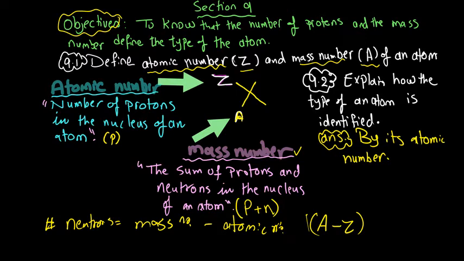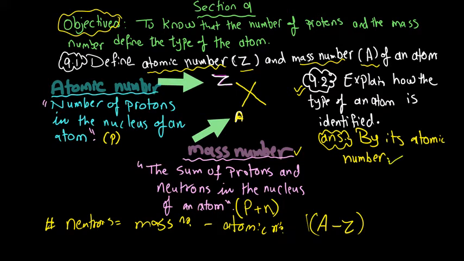Sometimes the number of neutrons equals the number of protons, and sometimes it's higher. You are going to learn more about this in the coming slides. The next KPI is to explain how the type of the atom is determined, how to identify the type of an atom. Type of an atom is identified only by its atomic number.